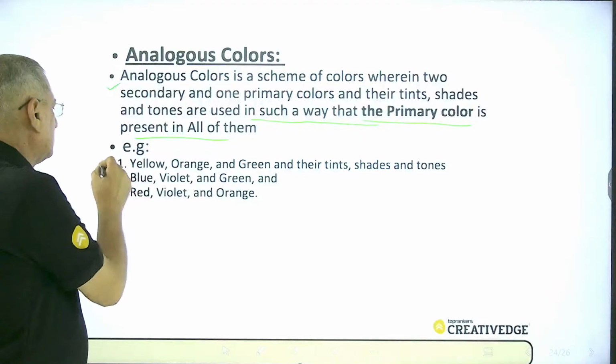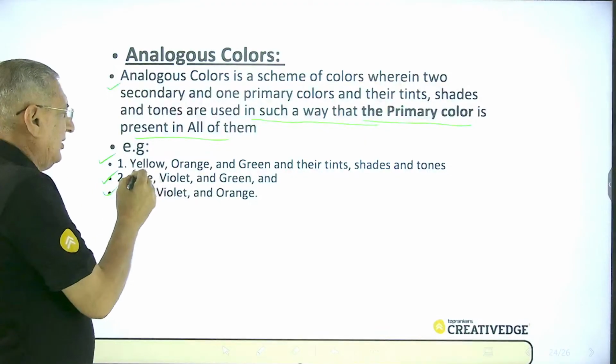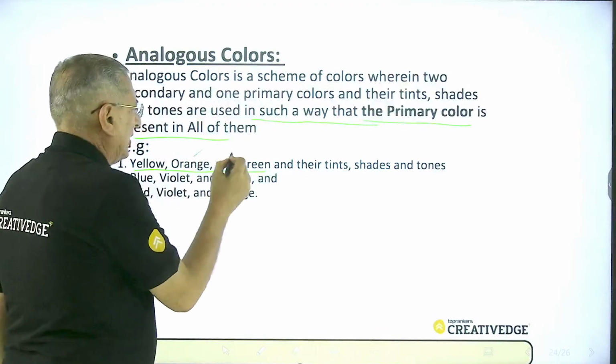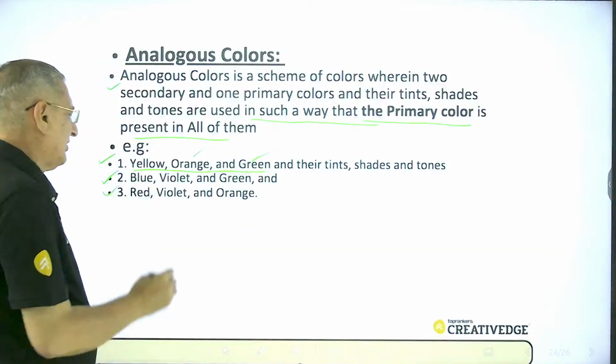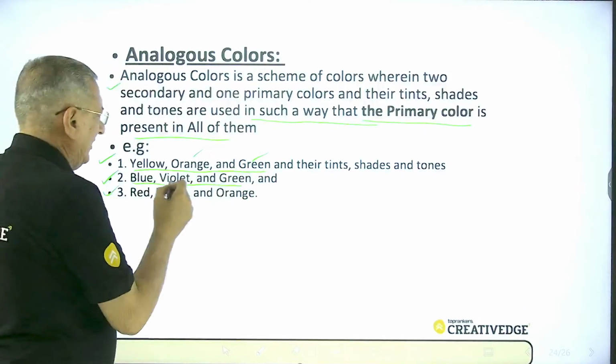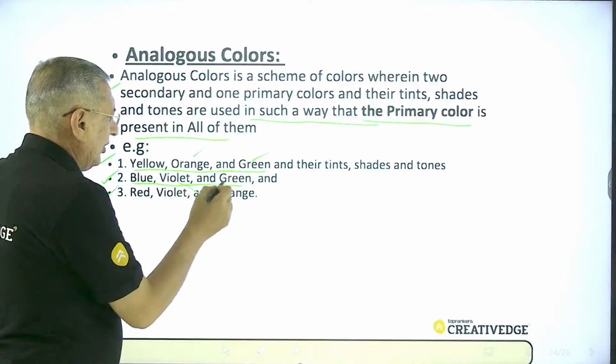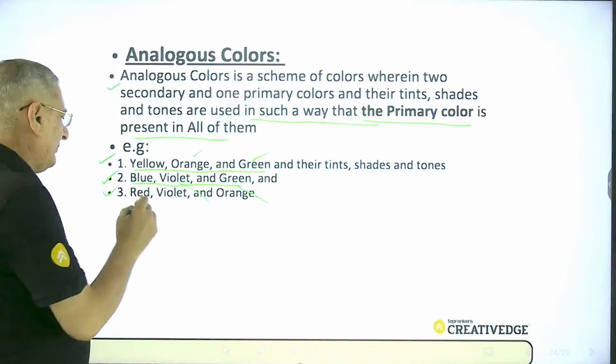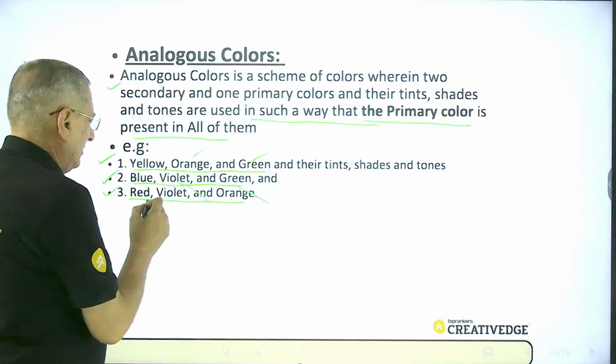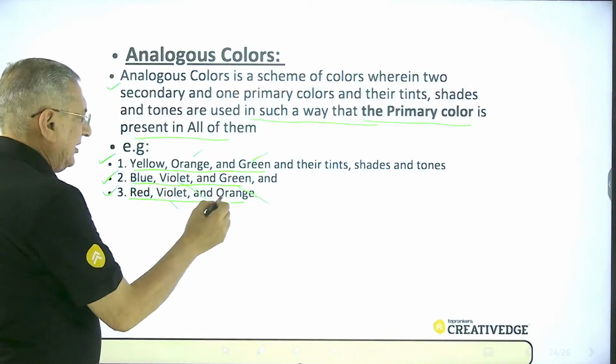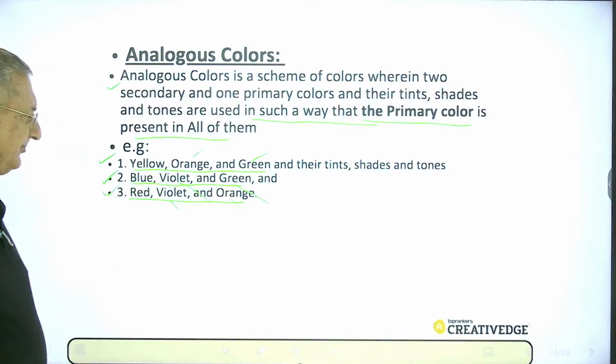Here are 3 examples of it. Yellow, orange and green. Orange contains yellow, green contains yellow. Blue, violet and green. Violet contains blue and green also contains blue. Red, violet and orange. Violet contains red and orange also contains red.